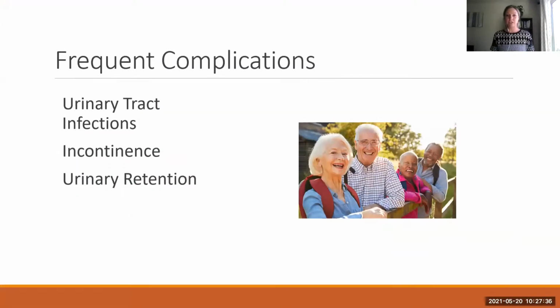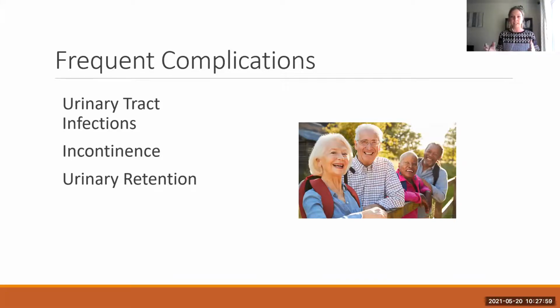All right. Now I'm going to define those things, because I may have put the cart before the horse. I just talked a lot about incontinence, retention, and urinary tract infections without defining them. So this is my opportunity to do that. A urinary tract infection is an infection of the bladder, the kidneys, or the urethra.